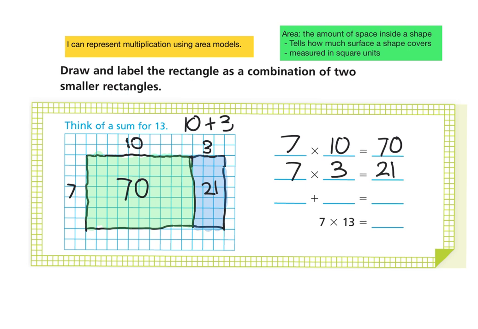Now to find the overall area of the whole shape, we need to add those 2 sections together, and that's what this is representing. So we want to add 70 plus 21. And if we do that, we get 91. So the product of 7 and 13 is 91.